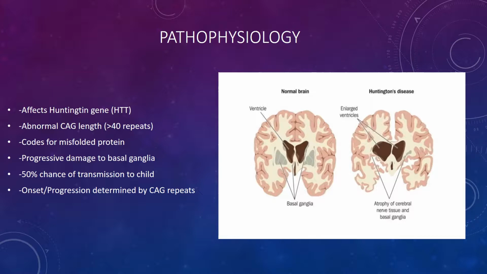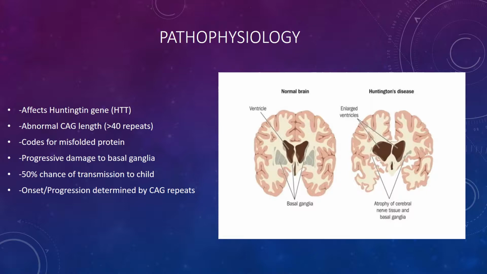Now everyone has two copies of the HTT gene, but only one mutated copy is enough to pass it on to the offspring. So children of an infected parent have about 50% chance of inheriting the disease from that parent. The onset and the progression of Huntington's is determined by the number of repeats of CAG.